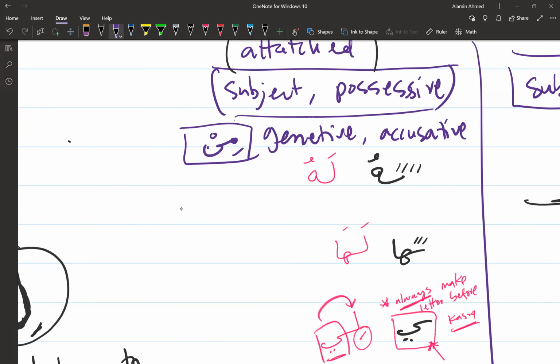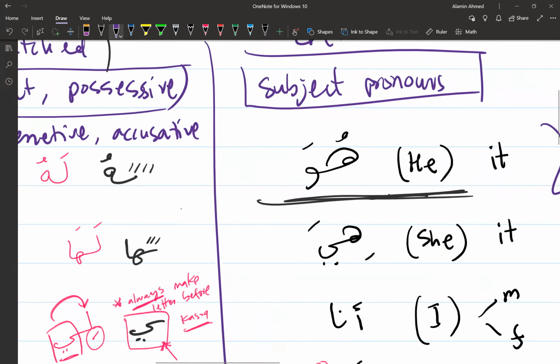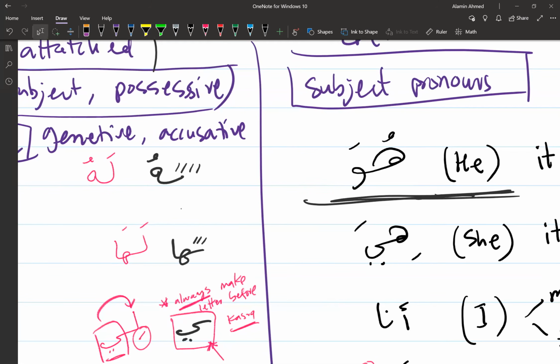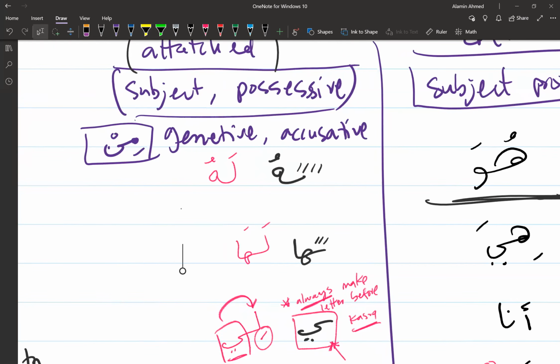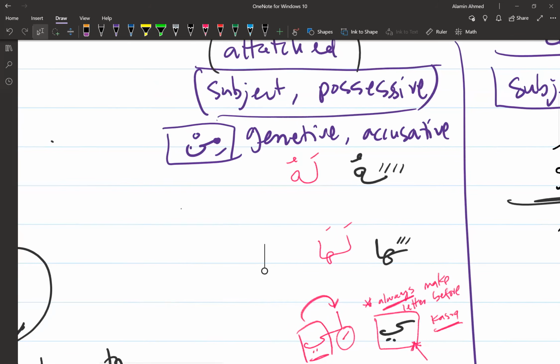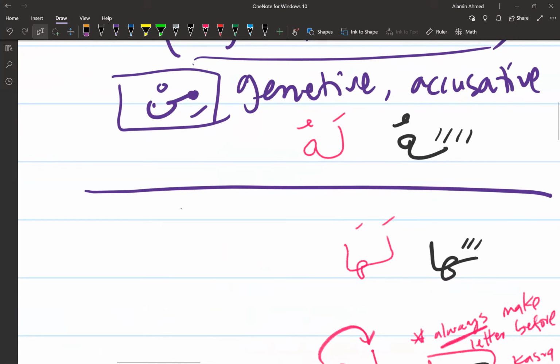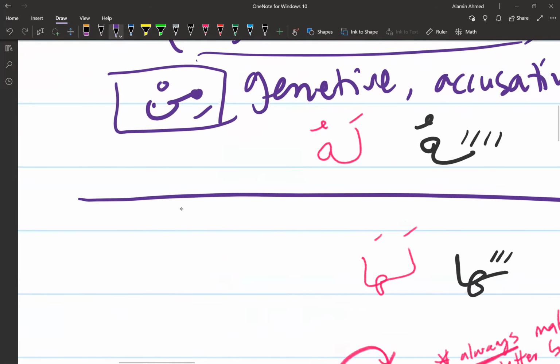The pronoun that we know for he is huwa, but we cannot use huwa right now because this is not your subject pronoun. This is something like genitive or accusative. So how do we say it? Think about it from here. Inshallah, you should be able to construct it right now. So from him. First we need from, min.